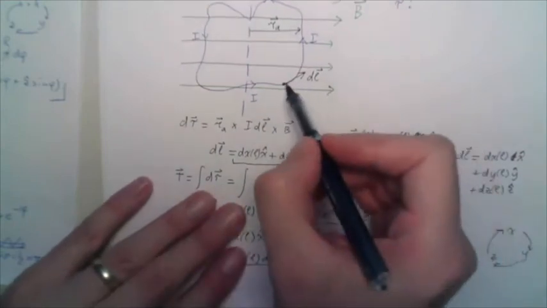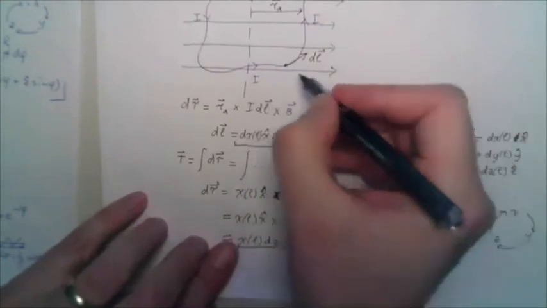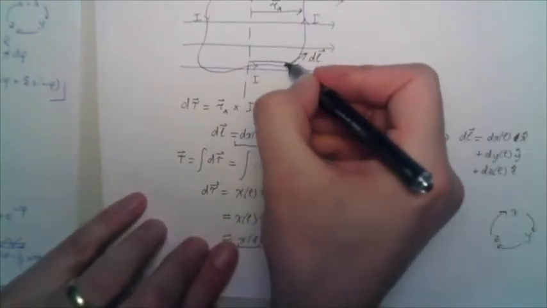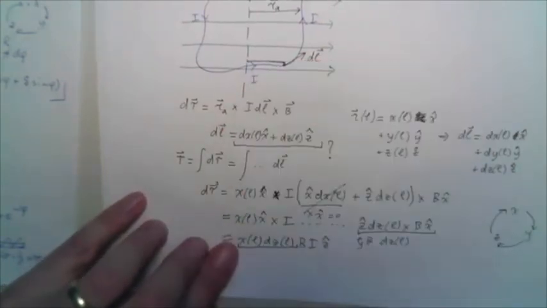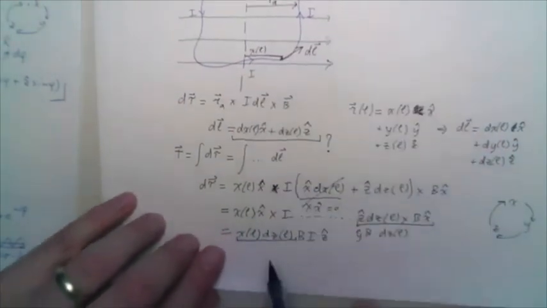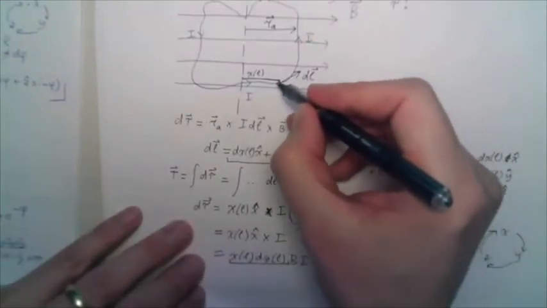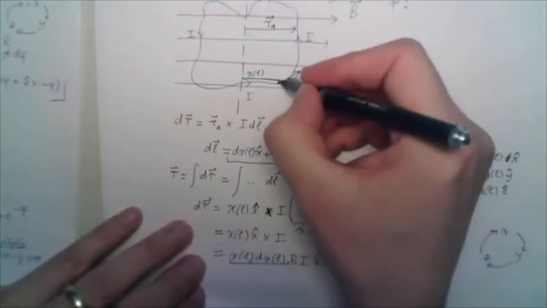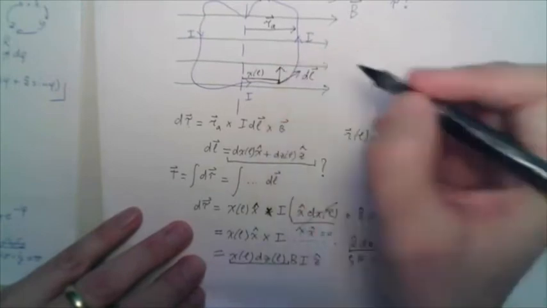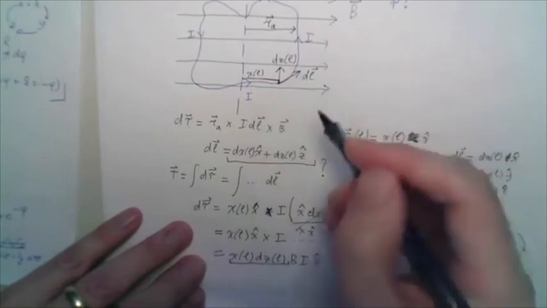And my x of L is this. That's my x of L. My dz of L is that part of the dl that points in the z direction. So that's, again, exaggerated. That's your dz of L.